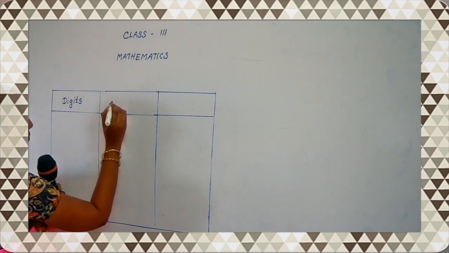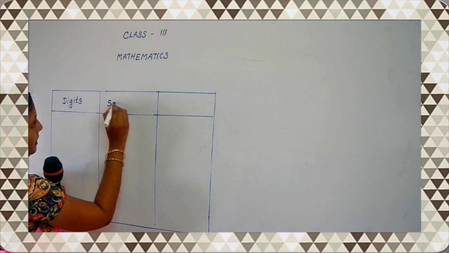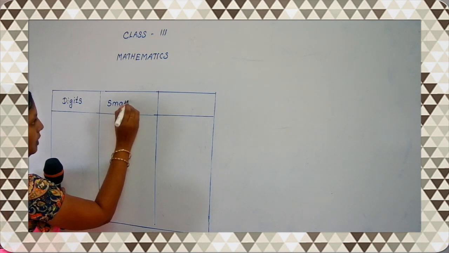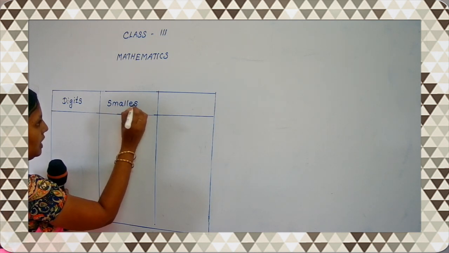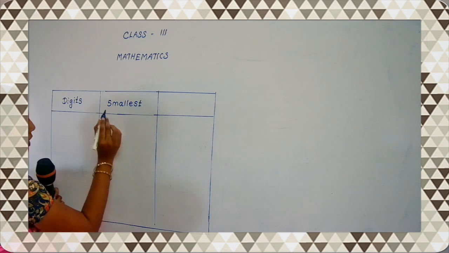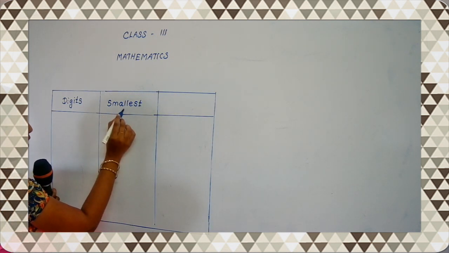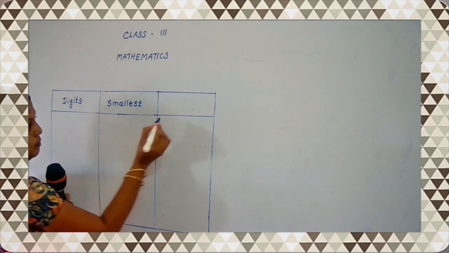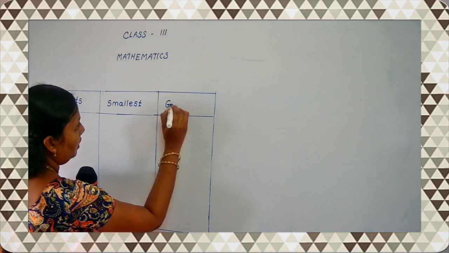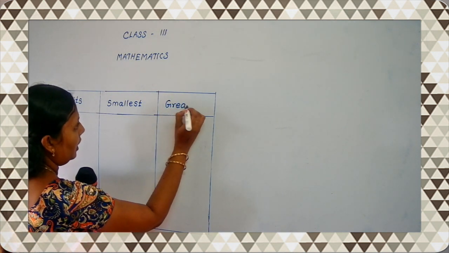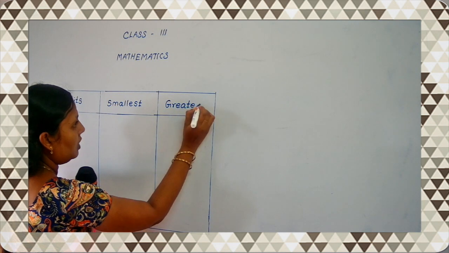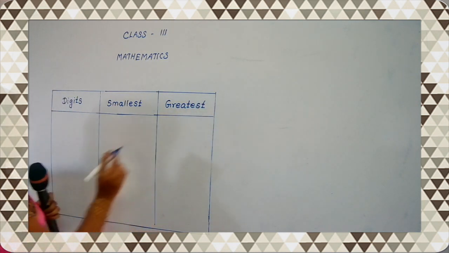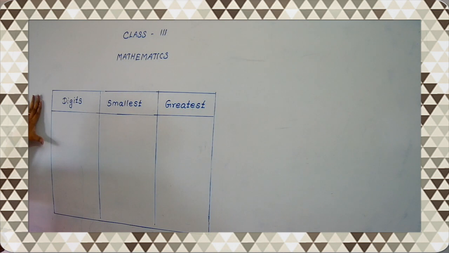Smallest, S-M-A-L-L-E-S-T, smallest. G-R-E-A-T-E-S-T, greatest. Okay. First box, digits.